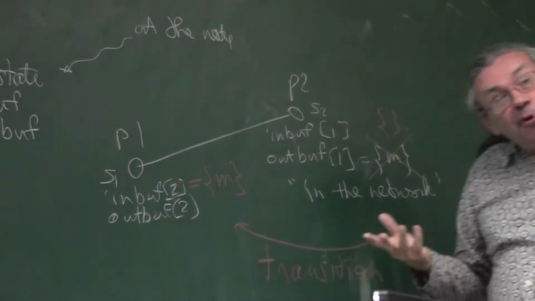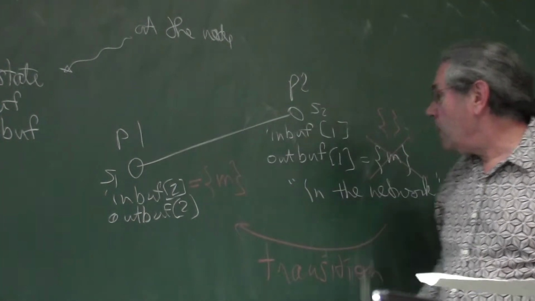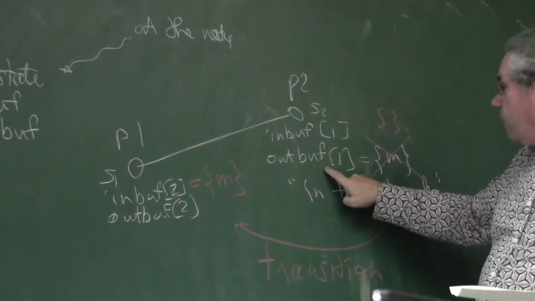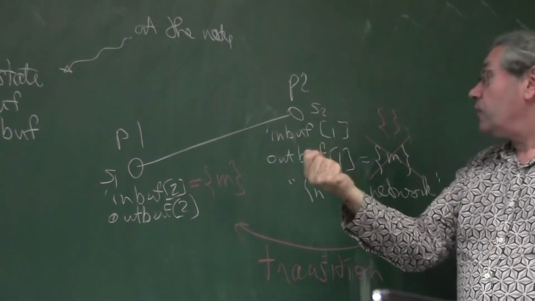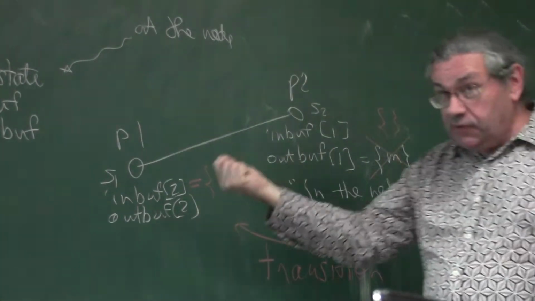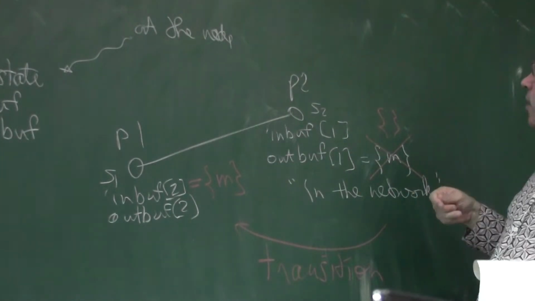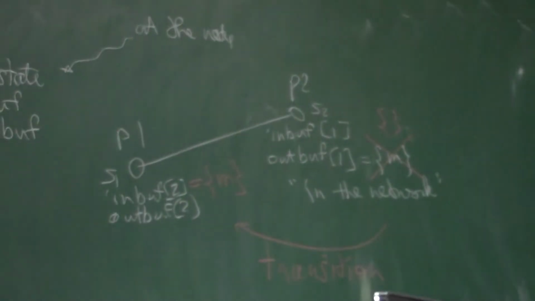Of course, the real network is not going to work like that, because it takes time. But these two transitions, so putting M in the out buff and doing the transition, are two separate things. So there's going to be some different instant. So the time of the travel is modeled by that. Okay? So this is a very simple network model.